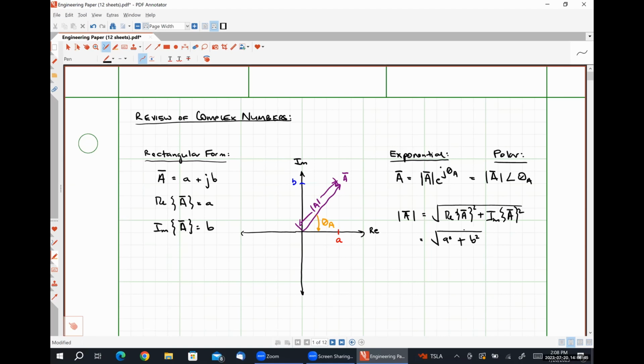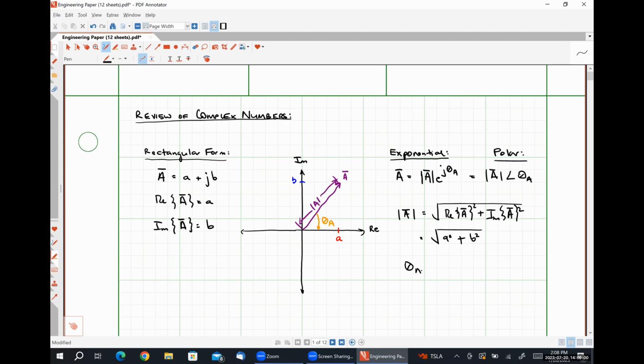So our magnitude is the hypotenuse of this right triangle. We're just using good old Pythagorean's theorem that we probably learned in grade school. Our angle theta A can be determined in multiple different ways, but the way that I prefer is to use the inverse tangent. So we would have arctangent of the imaginary part over the real part.